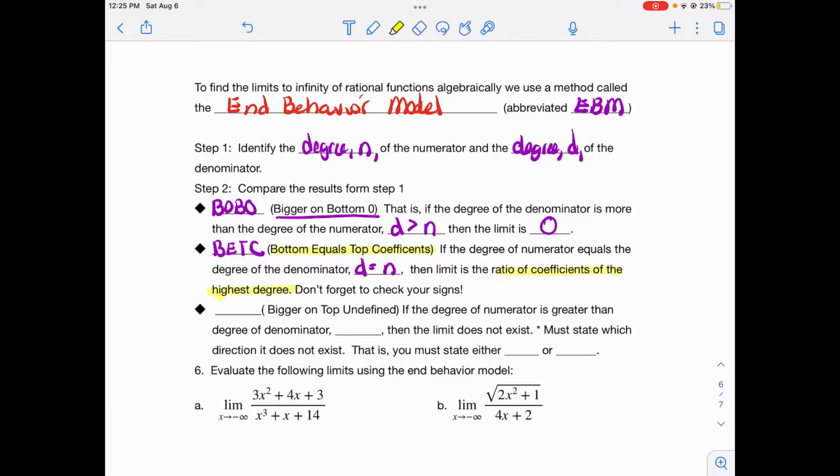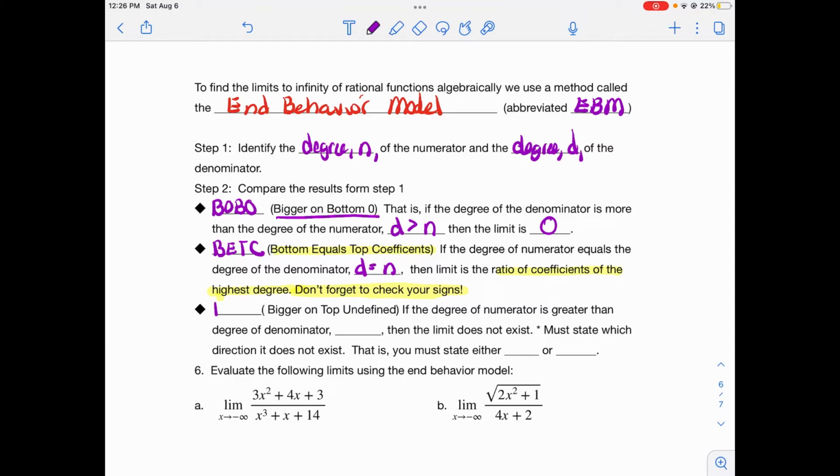Then, like we did in the last problem, we plug in infinity or negative infinity to figure out if our coefficients should be positive or negative. That's what I mean by check your signs.